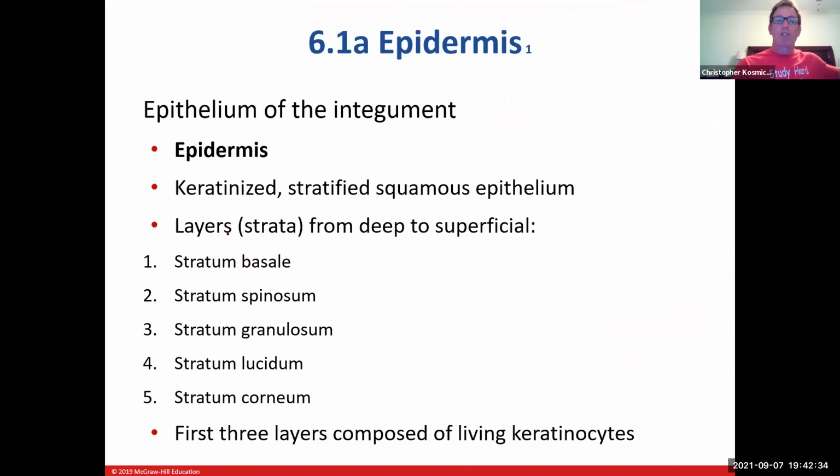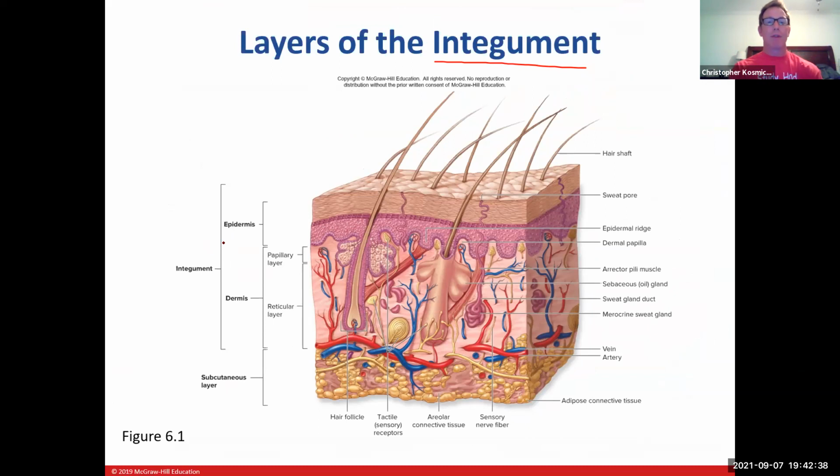So when we're talking about the layers of the skin, let me go back real quick. All right, we have an outer surface layer, the epidermis, and then a deeper layer called the dermis. And we break down the dermis into these two layers, the papillary layer and the reticular layer. So today, we're going to start off talking about the epidermis.